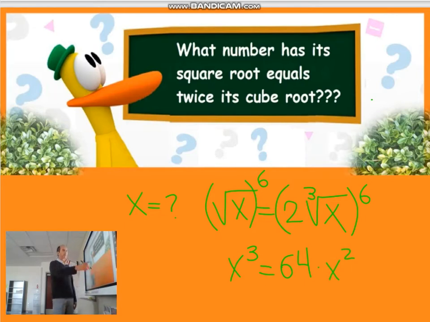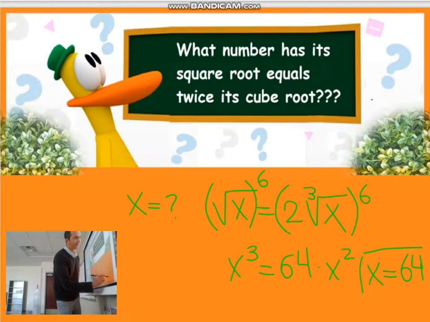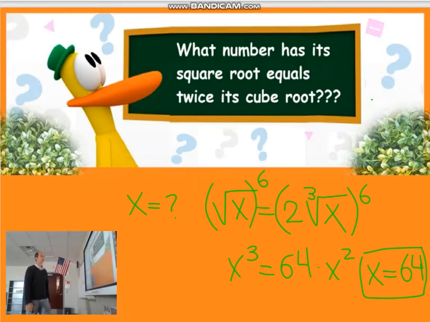Now I can divide both sides by x squared, and I'm going to find the answer. Yes, divide both sides by x squared, then x equals 64. 64 is the right answer. 64 is the number we are looking for, the one whose square root equals twice its cube root.